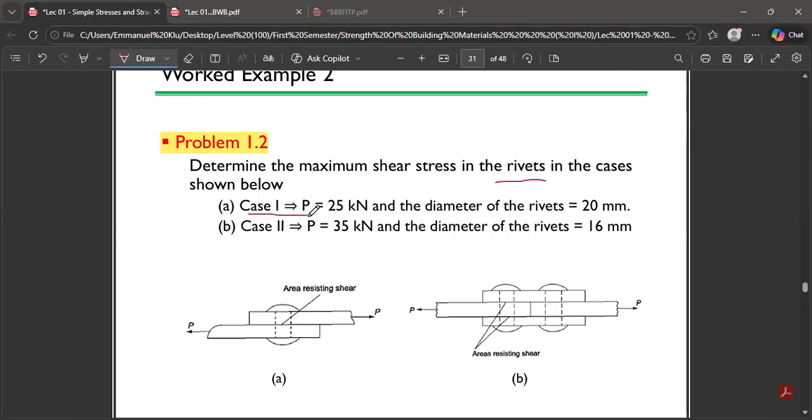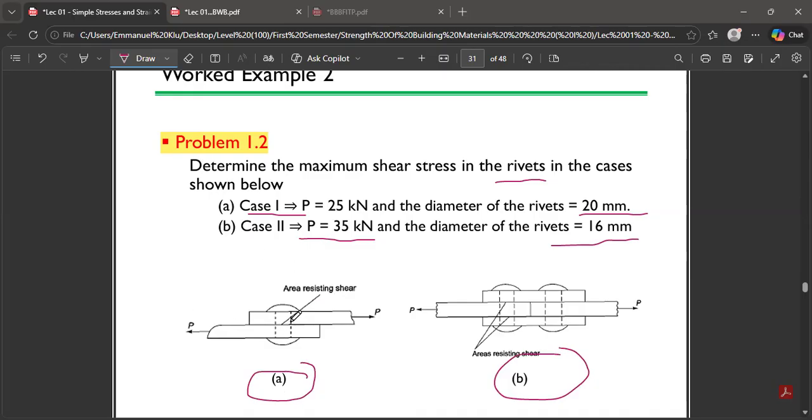Case 1, P is equal to 25 kilonewton and the diameter of the rivet is equal to 20 millimeters. In case 2, the force is 35 kilonewton and the diameter of the rivets is 16. So this is for case 1, and as you can see, this is for case 2.